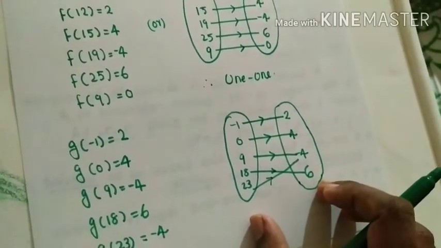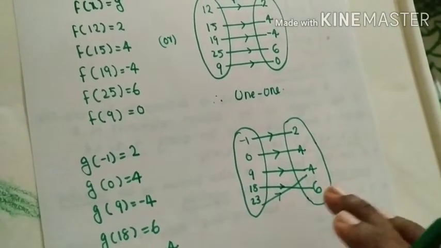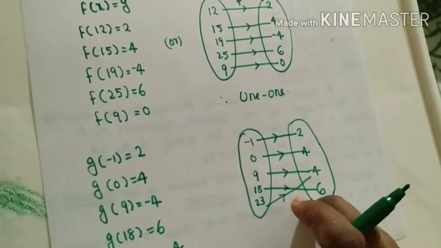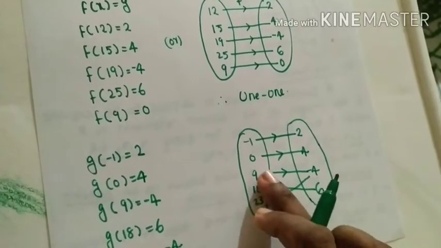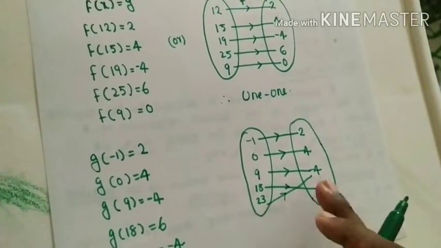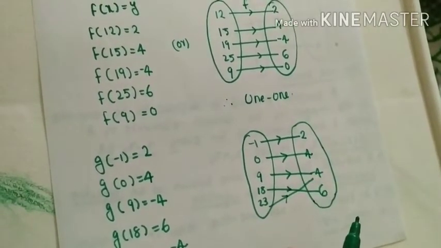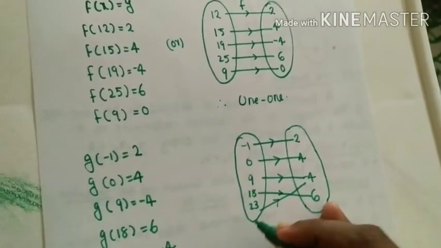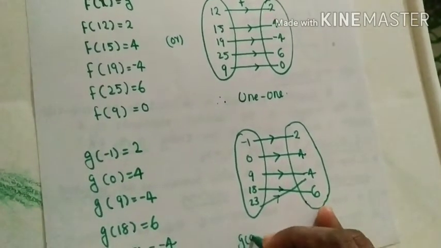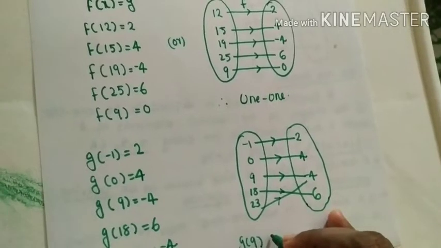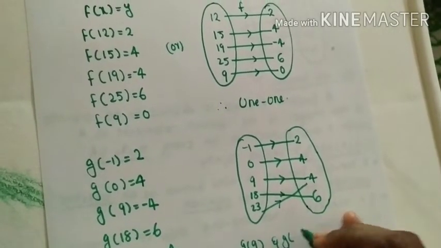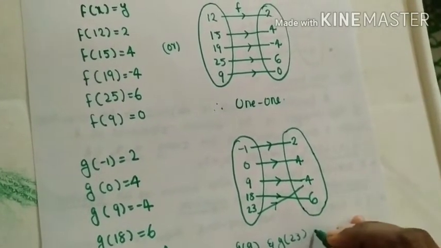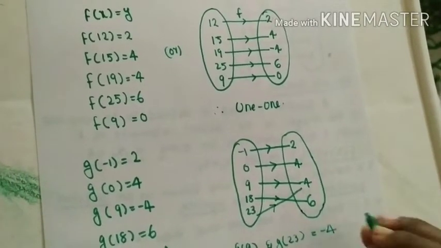In the second case, the image of 9 and 23 is -4. It means g of 9 and g of 23 equal -4.